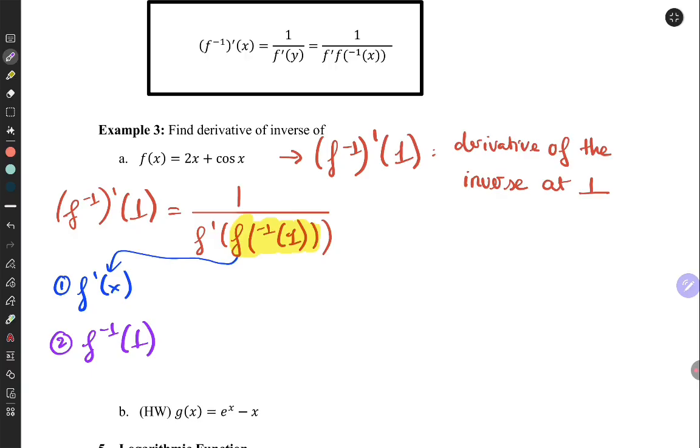Can you find the derivative f prime of x? f prime equals 2 cosine of sine of x, right? There, you have one number already. Then find the purple one, whatever that is, and plug it in right there.